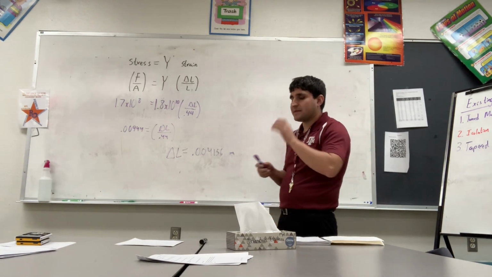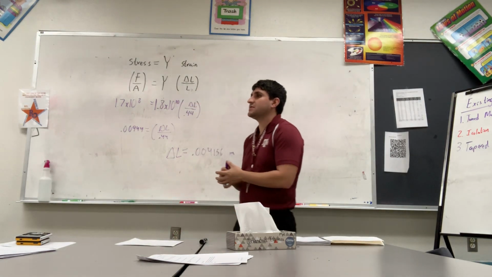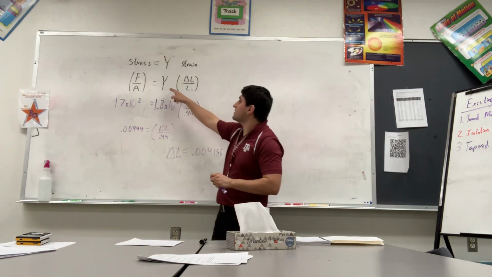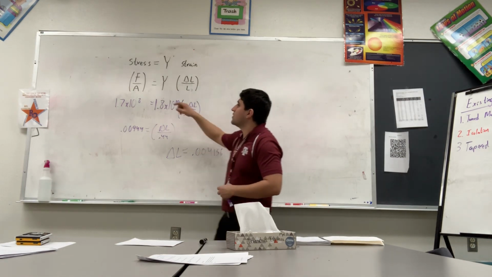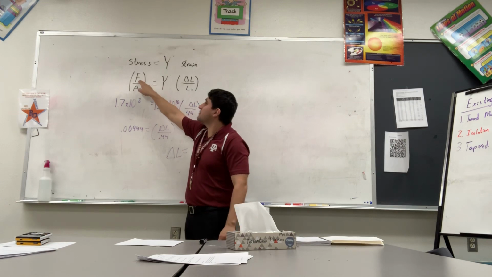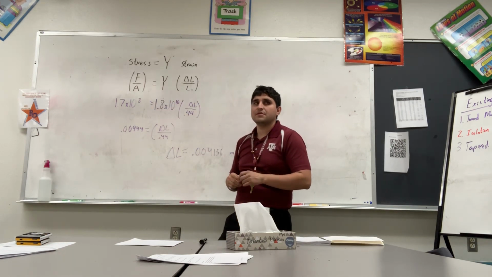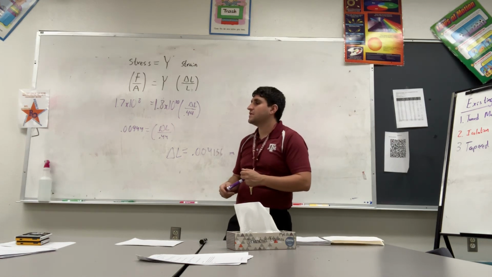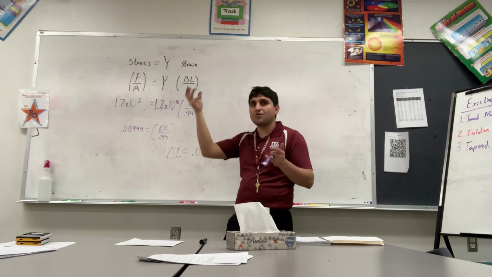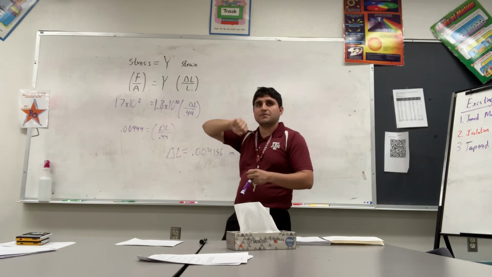So let's talk about the lab that we did. We did a lab on Young's modulus where we had to find the length. In that lab, what did we use as our force? The little weights, the wheels. We used the weight pulling on that rope.